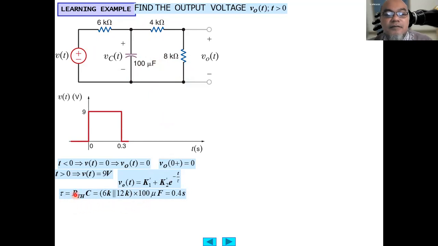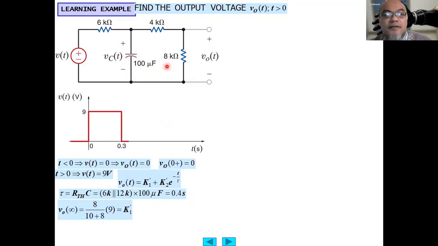Then the tau will be obtained by multiplying that Thevenin equivalent resistance with the capacitance value, 100 microfarad. We obtain 0.4 second.